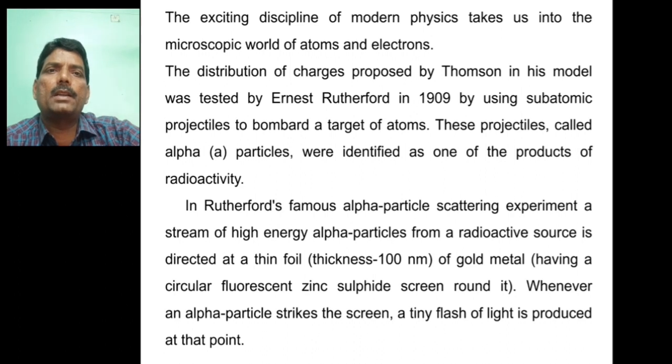Whenever an alpha particle strikes the screen, a tiny flash of light is produced at that particular point. That means Rutherford, in that alpha particle experiment, gave the structure of the atom. That means the nucleus consists of positive charge and the electrons are revolving around the nucleus. This theory was given by Rutherford.